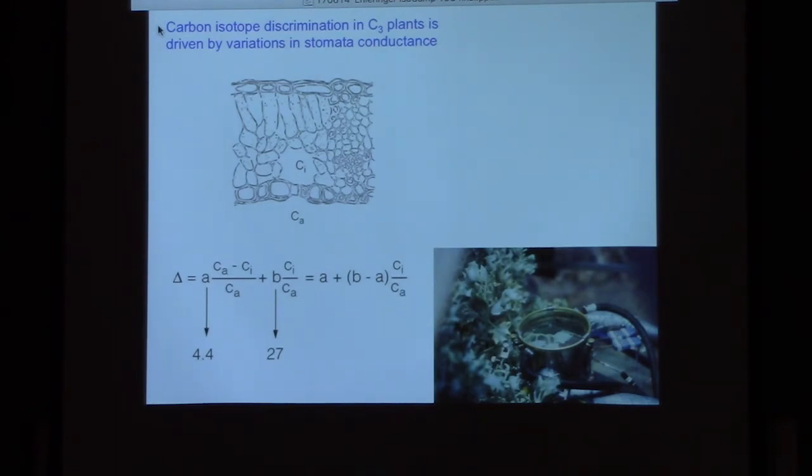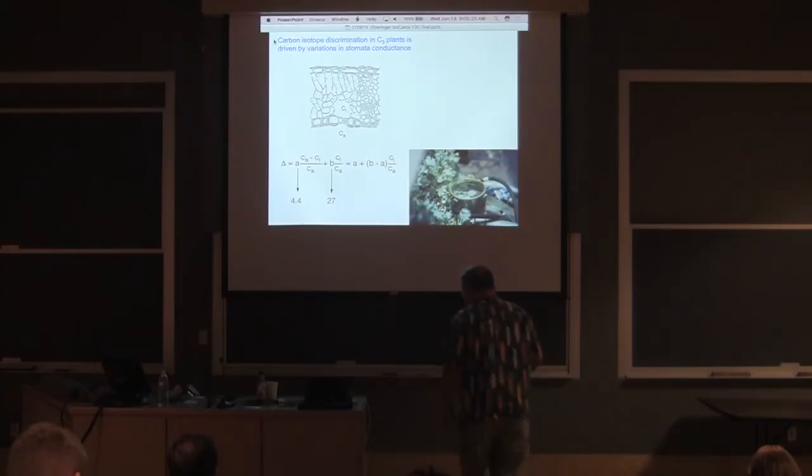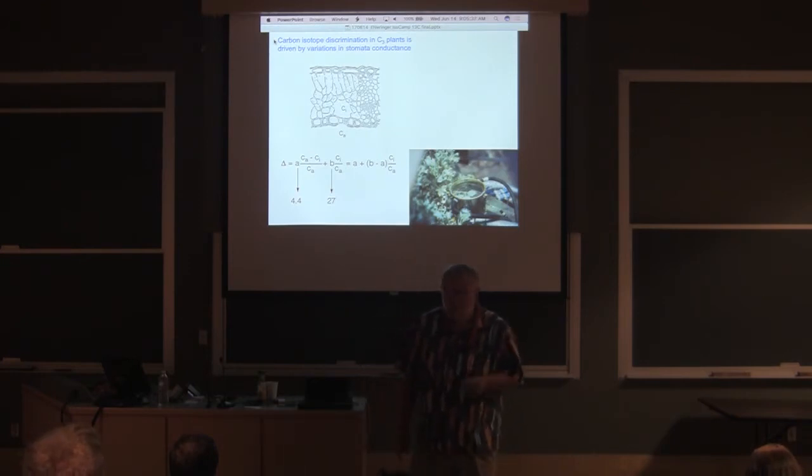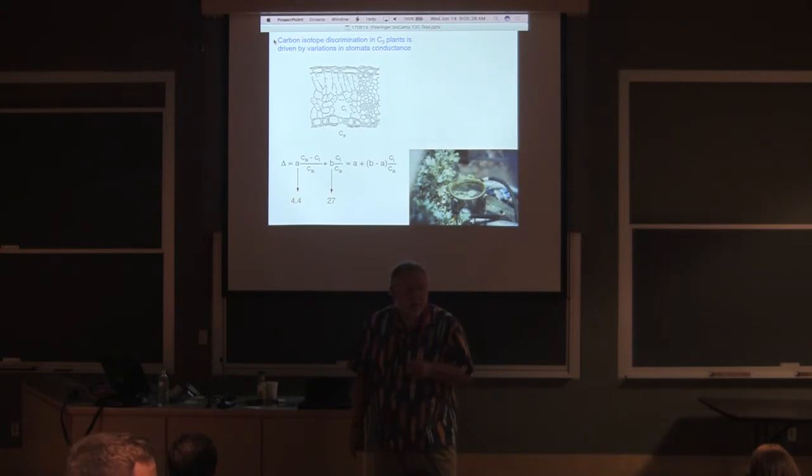That is a value of 4.4 per mil. So A has a value of 4.4 per mil, but the degree to which that factor is expressed is the same as the degree to which any fractionation factor is expressed.